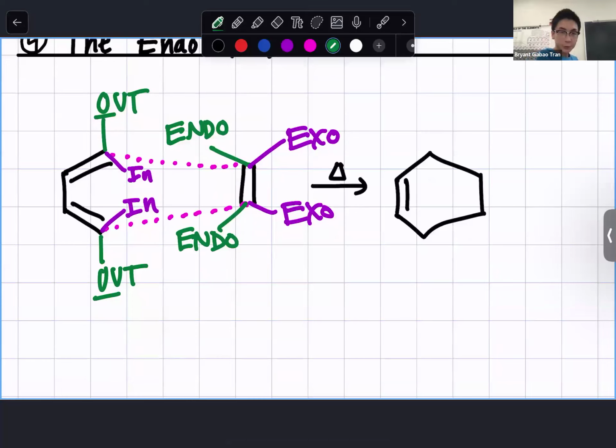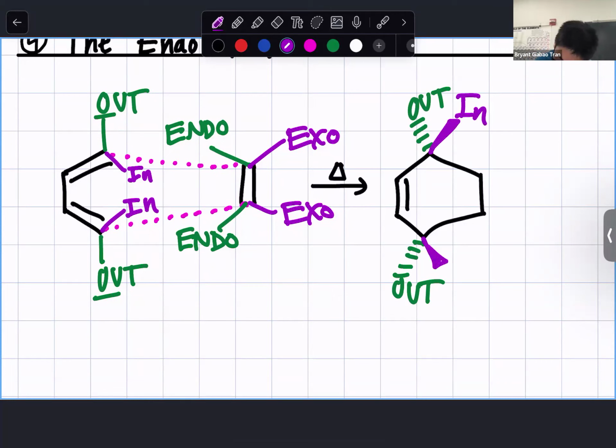Where the out group is always cis to the out group, and on the same side as endo as well. So let's just say that the out groups are dashes. That makes this other out group a dash as well, because they have to be cis to each other. That makes the in groups poised to become a wedge.